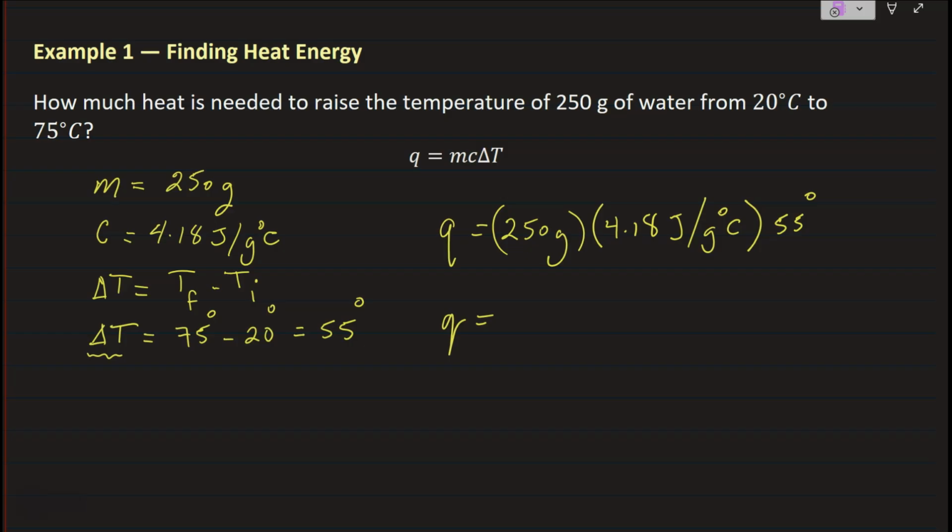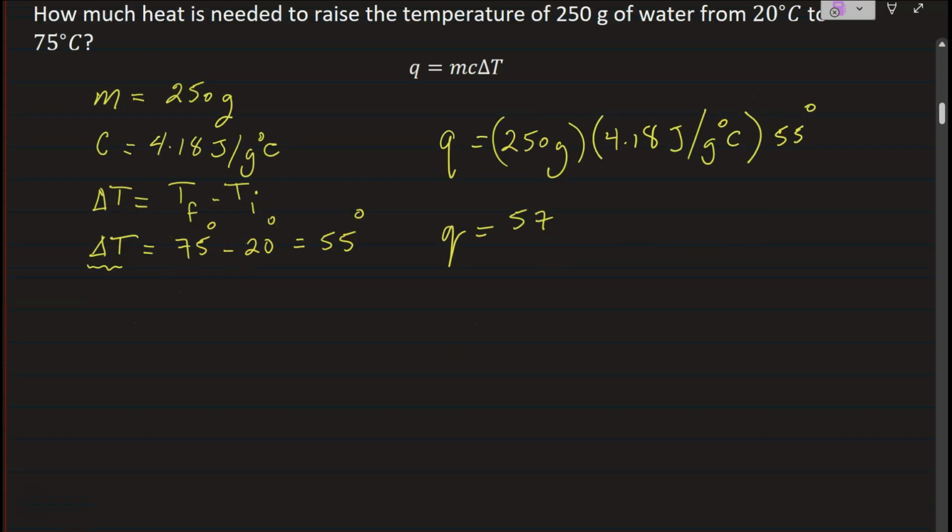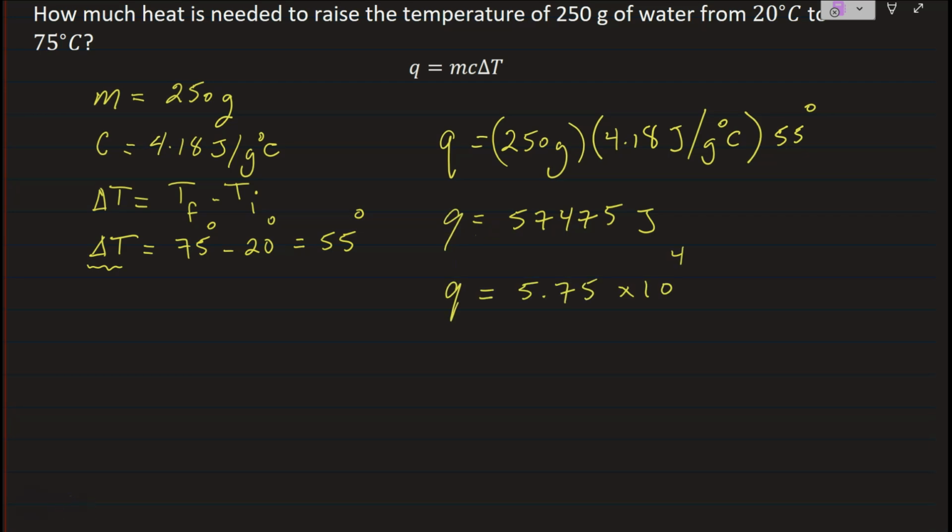Excellent. And the answer is 57,475 joules. Leaving it in scientific notation would be 5.75 times 10 to the power of 4 joules. And if you really want it in kilojoules, you divide by 1000 to get the kilojoules. I'll leave you with that because that's easy to do.